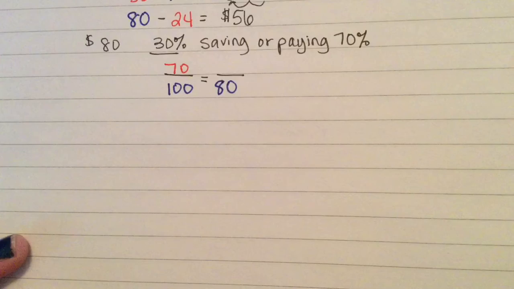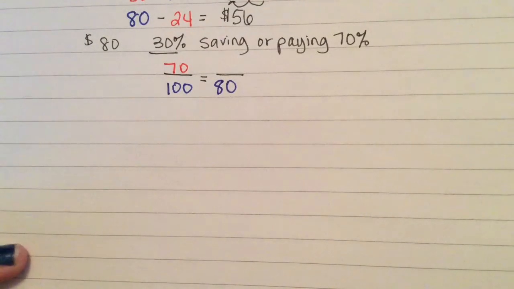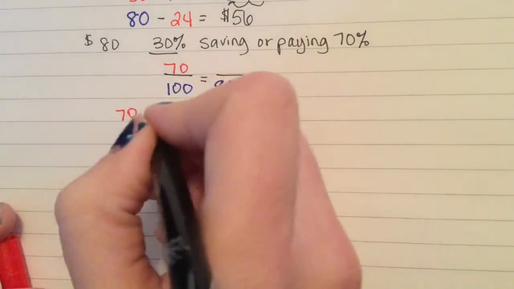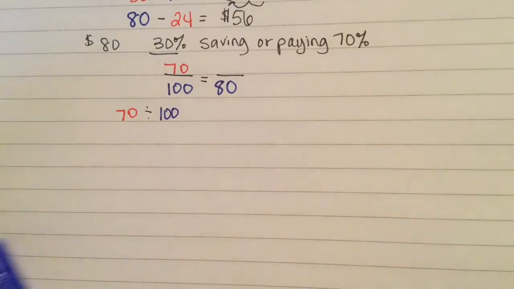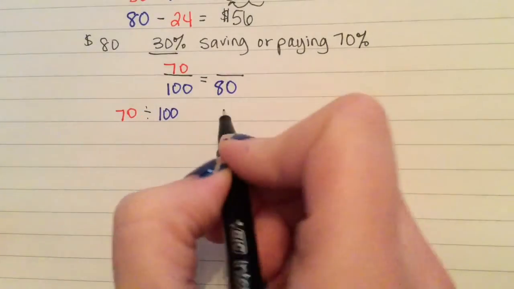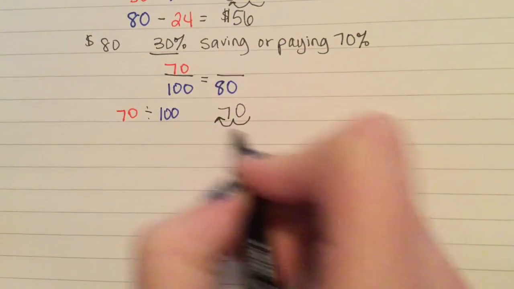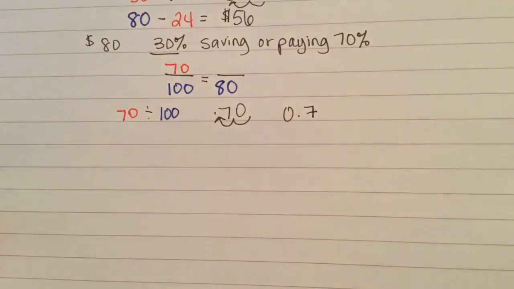So then I can scale. I'm going to divide numerator by denominator again. 70 divided by 100, which means I take 70 and I move my decimal 2 to the left, and that will get me 0.7.